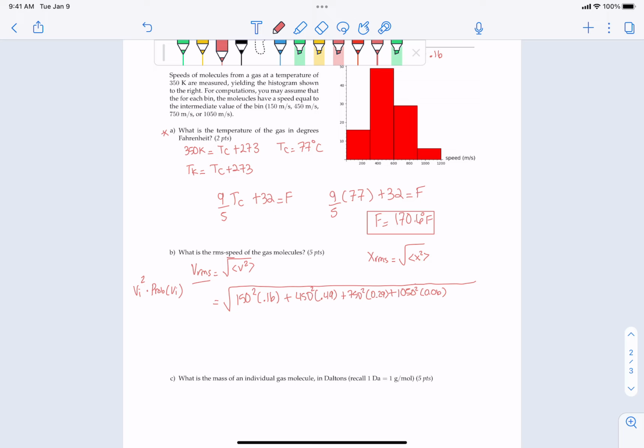You could overestimate one value and underestimate another and they'd even out, but at least make sure that it makes sense.